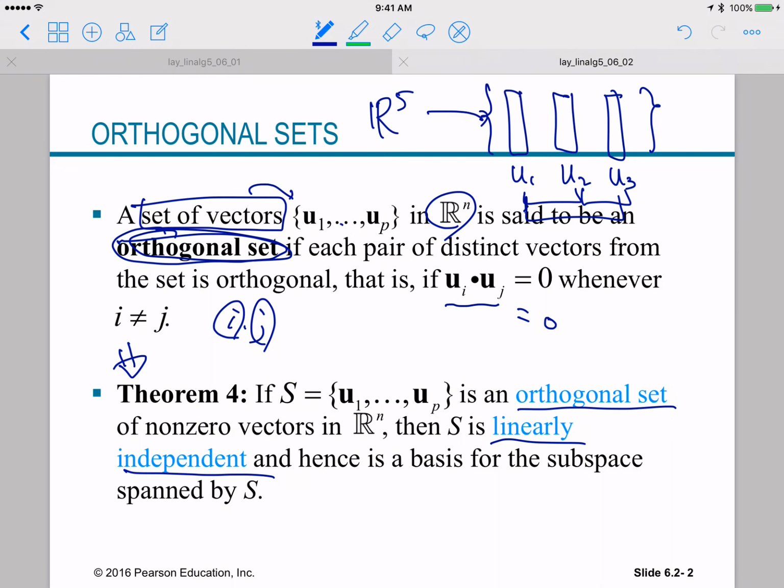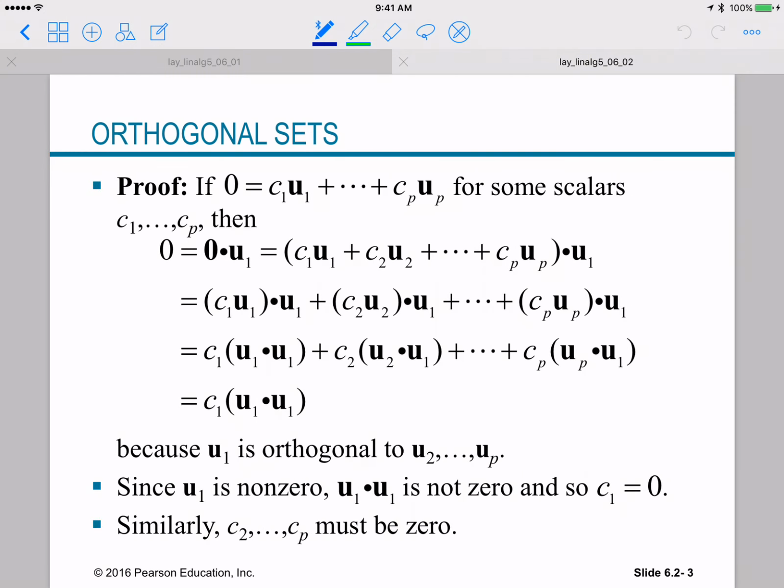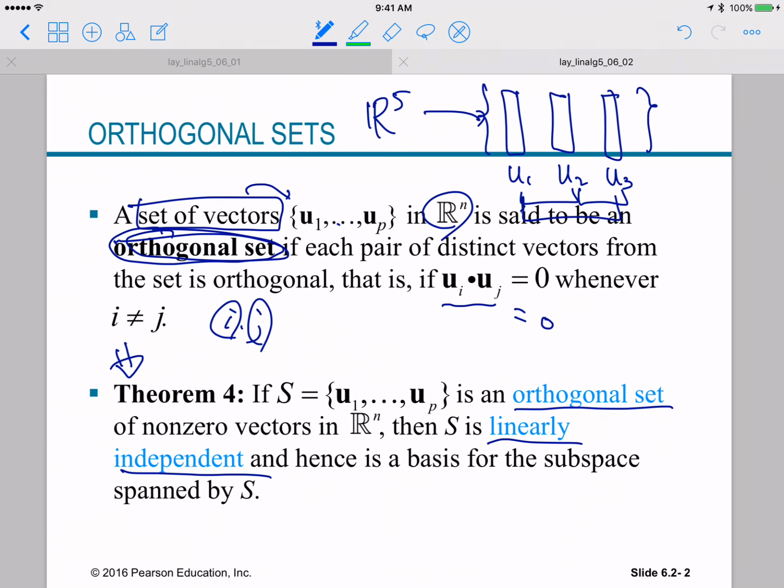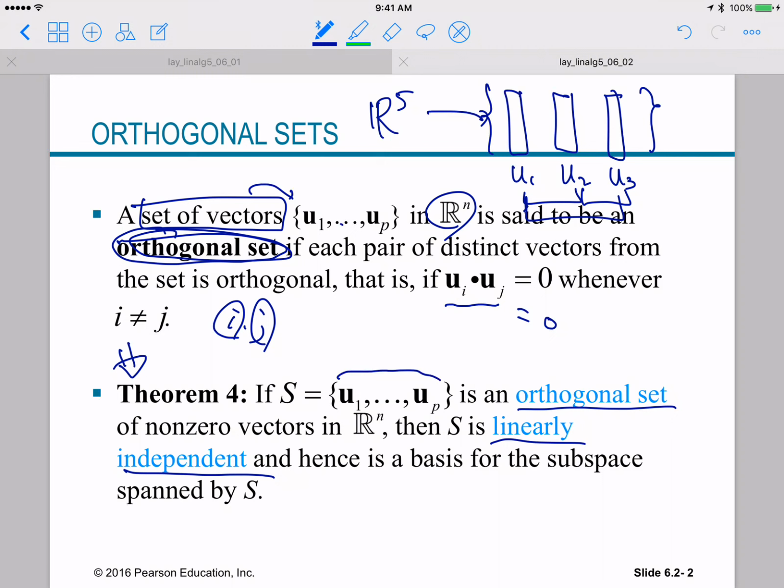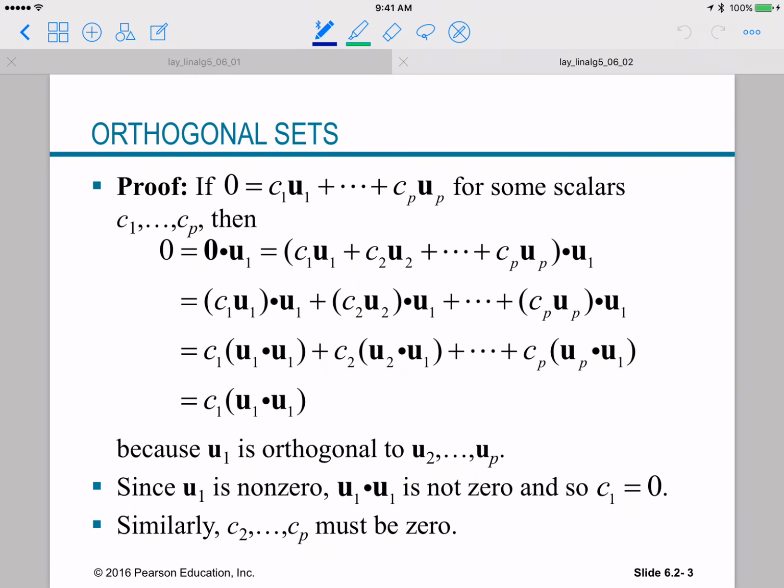The proof is quite simple. How do we prove these vectors are linearly independent? We go back to the definition of linear independence or dependence. We form this vector equation and set it equal to 0. This 0 is actually a vector, right?